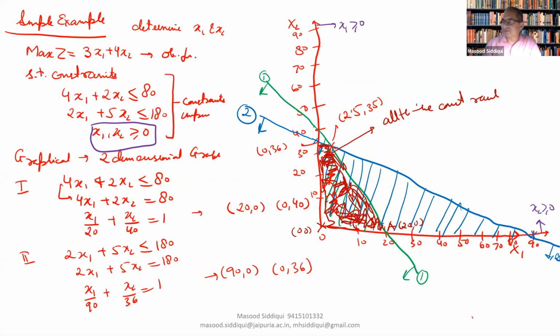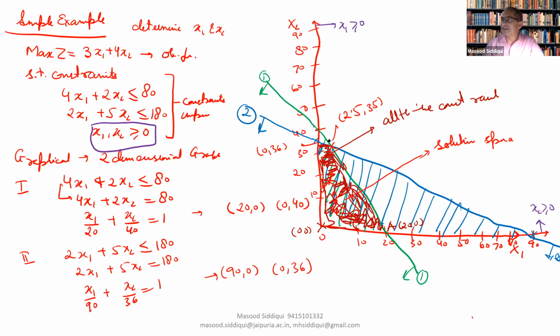Now, this space denotes the fulfillment of all the constraints, means both types of constraints. So here it will have a solution. This part is known as the solution space, because it satisfies all the constraints.